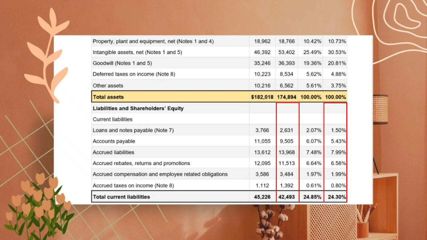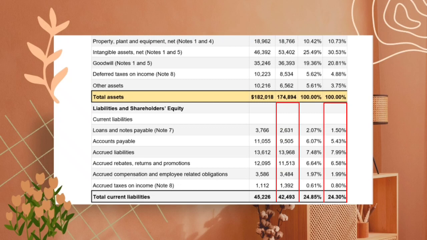Loans and notes payable is 2,631 divided by the total assets of 2020, which is 174,894 times 100% is 1.50%. The same method will be used in the following account titles. Accounts payable is 9,505 divided by 174,894 times 100% is 5.43%.